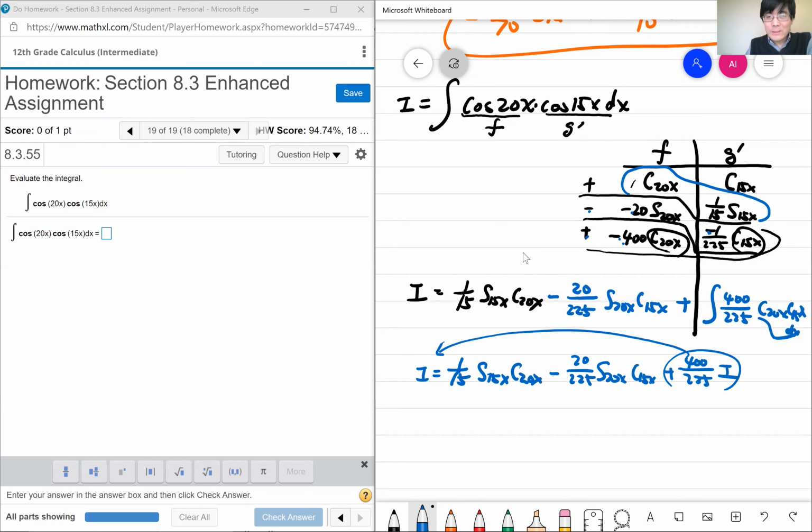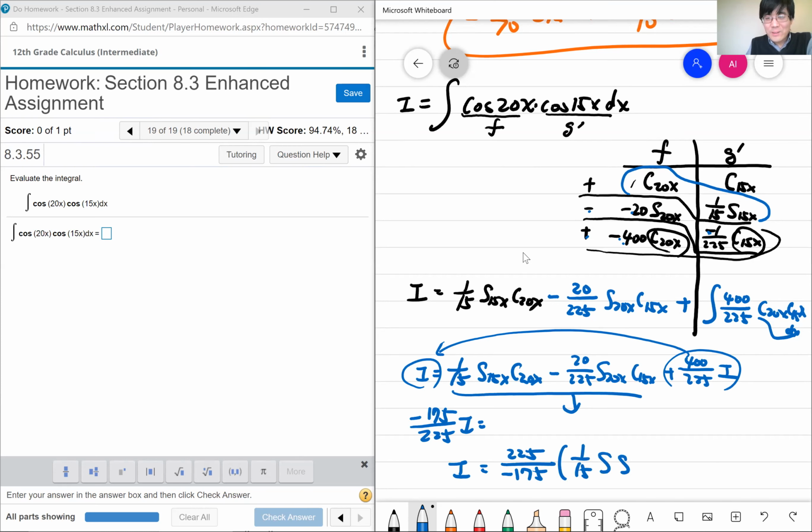Bring this one to the other side to combine like terms. It's going to be negative 175 over 225 I is equal to this thing. So I is equal to 225 over 175 of this function. So sine 15x cosine 20x minus 20 over 225 sine 20x cosine 15x.